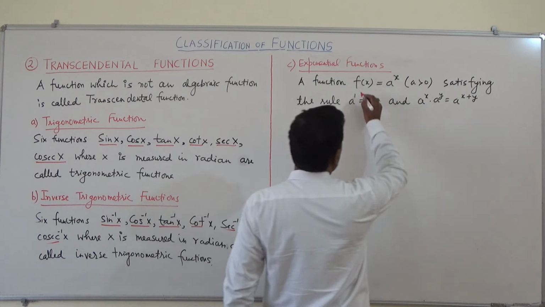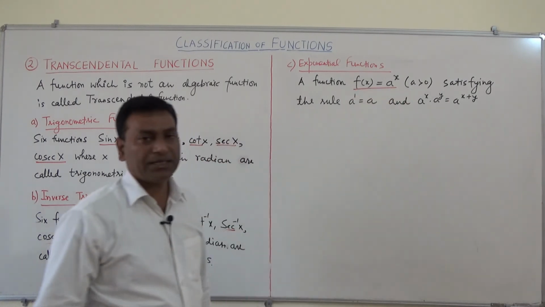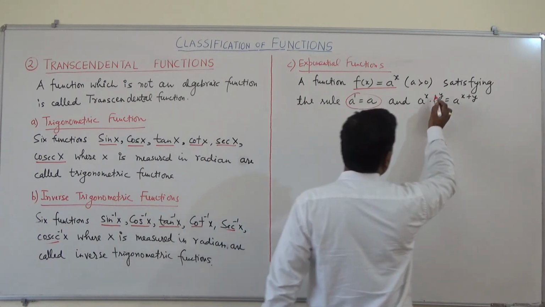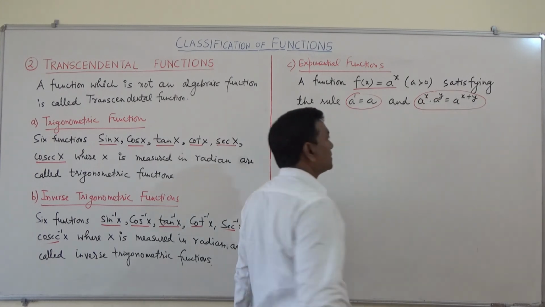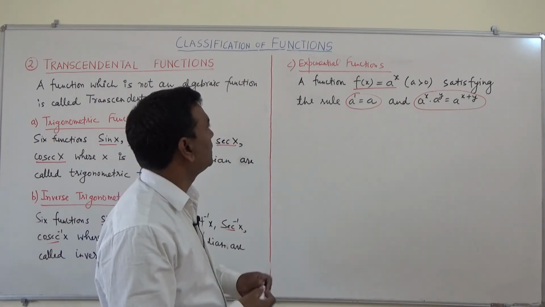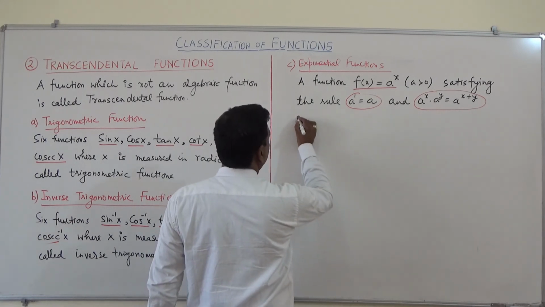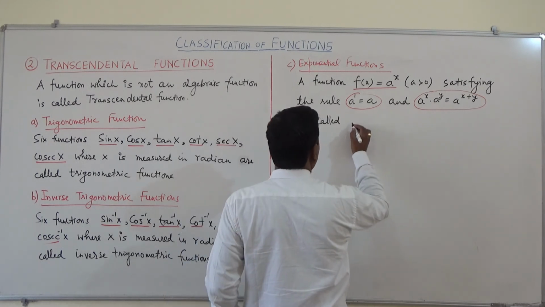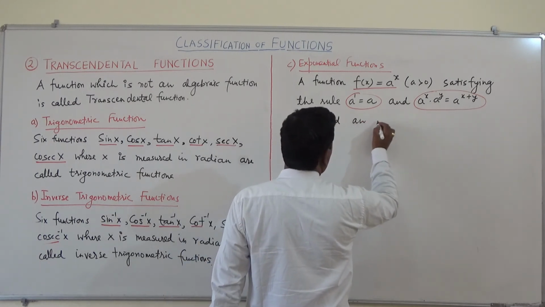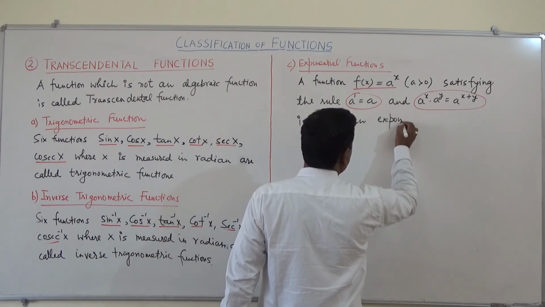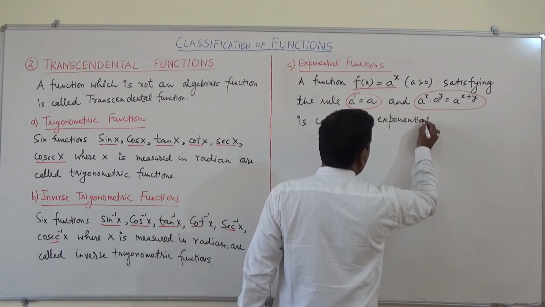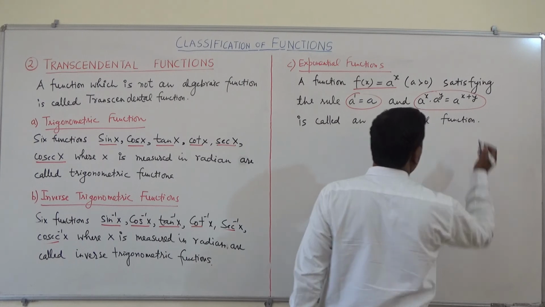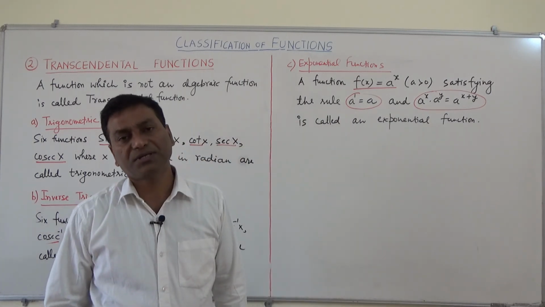A function fx equals to a to the power x, where a is greater than 0 and satisfying these two rules is called an exponential function. This is called exponential function.